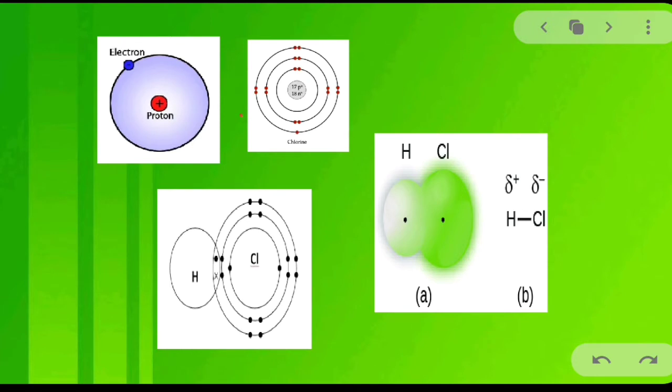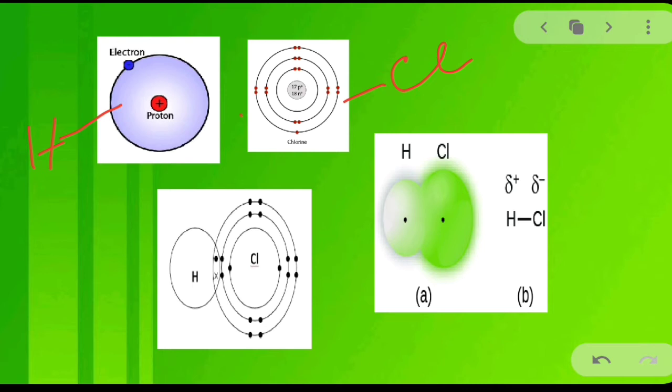the stability. Here you can see this is the hydrogen atom and this is the chlorine atom. Hydrogen atom consists of one electron in its outermost shell and chlorine atom consists of 7 electrons in its outermost shell. Hydrogen atom needs one electron to attain the stability and chlorine atom also needs one electron to attain the stability.